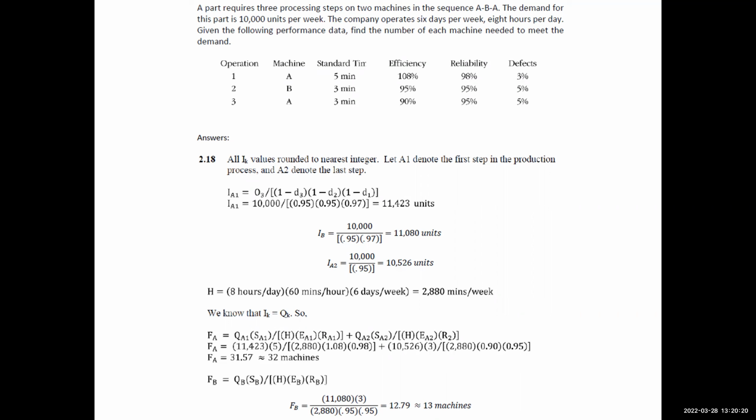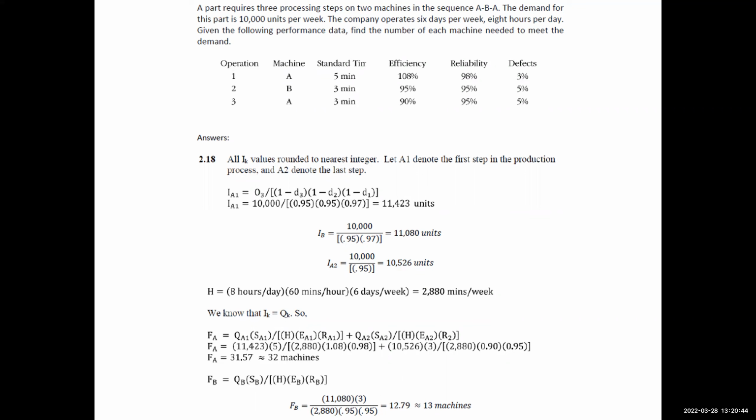Okay, so when I'm referring to this, it is something that we did in the first exam to get the input at the beginning of the process based on the defective rates. In this case, you needed the input for A1. Once you got the input for A1, A2, and so on, then you were able to figure out the number of machines that were needed per process.